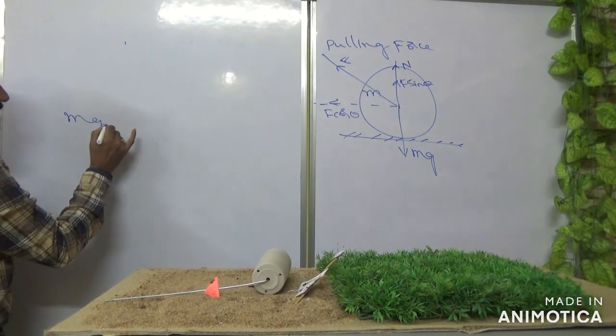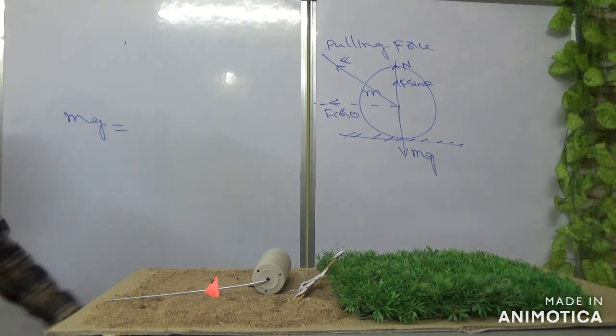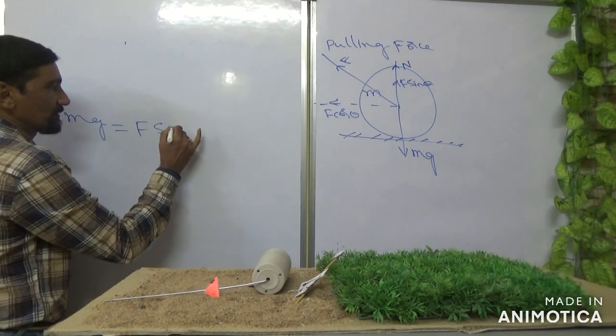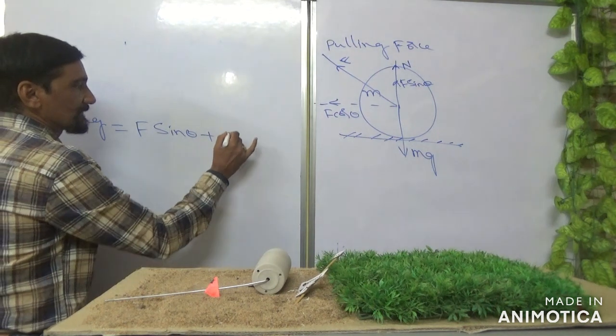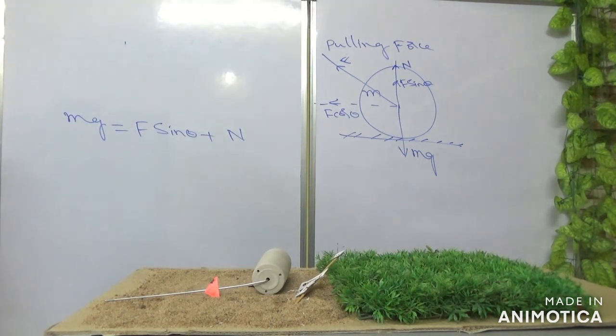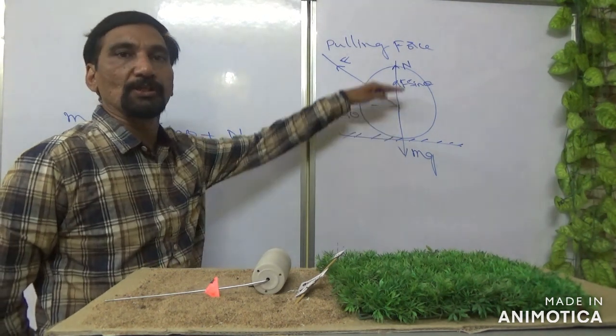So mg is equal to F sin theta plus normal reaction. The downward force is equal to the upward force.